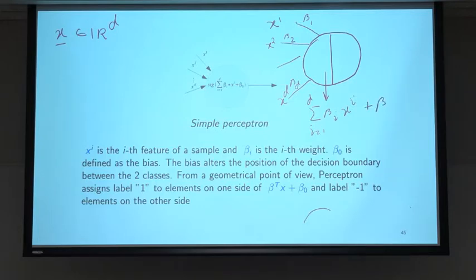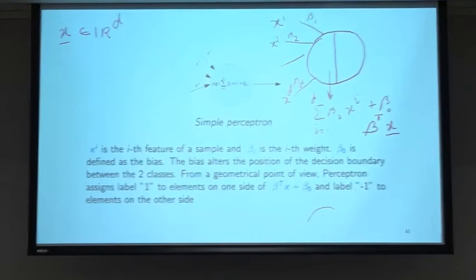Sometimes I add a scalar to this, beta null. So in vector form, if beta is a d-dimensional vector, what's happening here is beta transpose times x, when x is a vector and beta is a vector. Okay? So the first part of the perceptron would be simply a weighted sum of inputs plus a beta null.